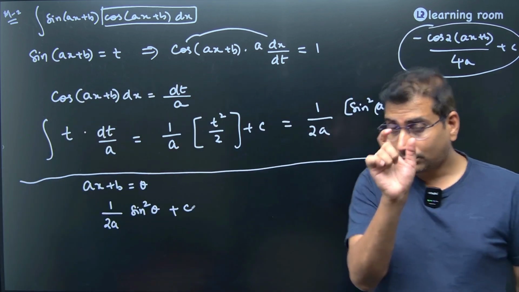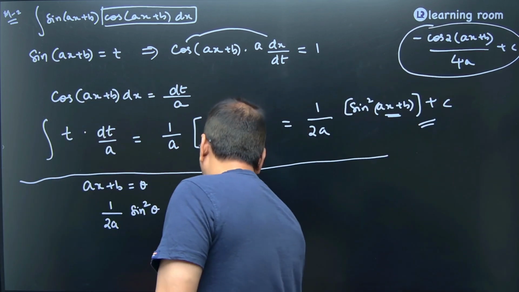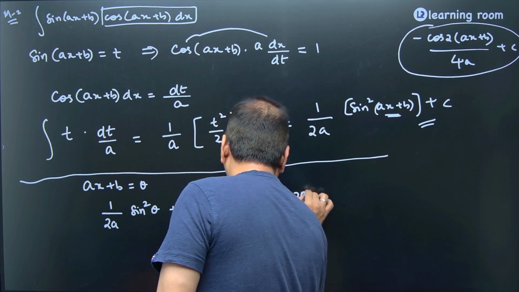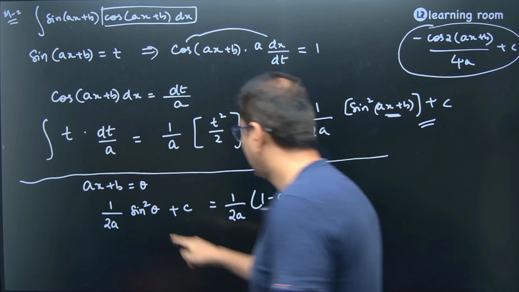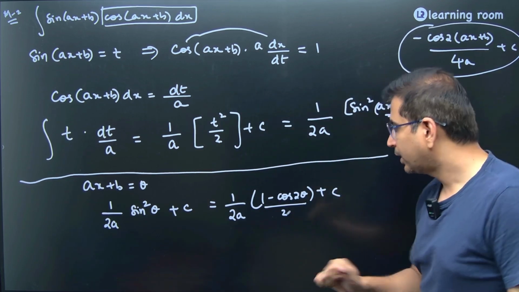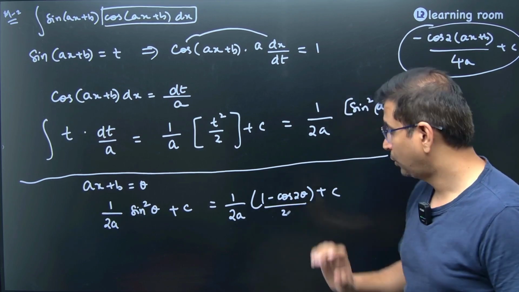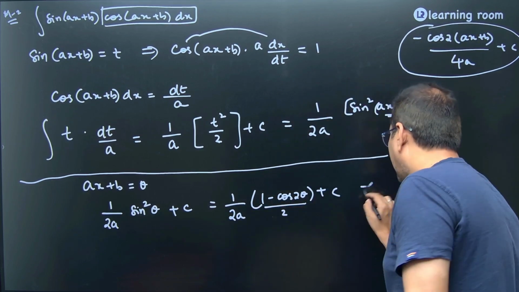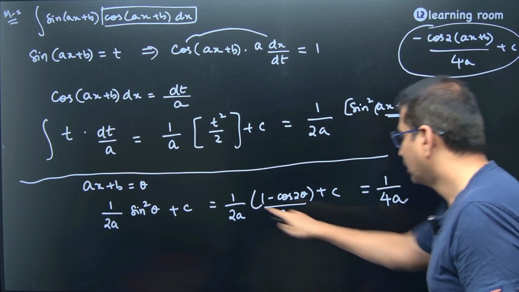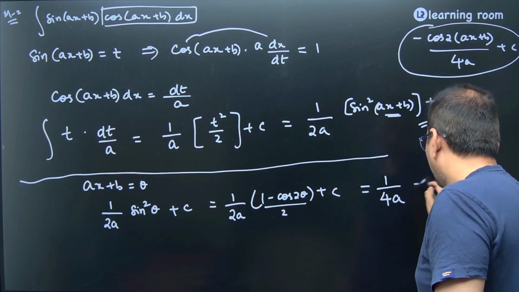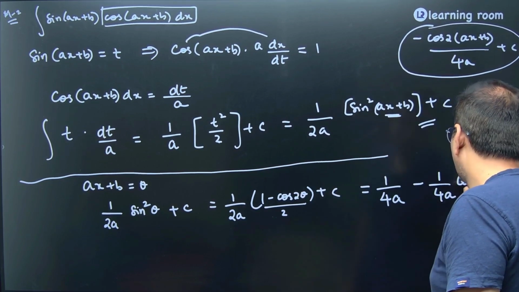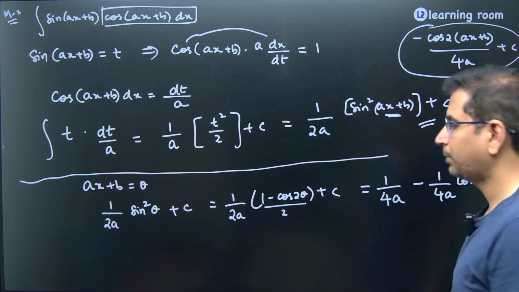We know that sine square theta can be written as 1 minus cos 2 theta, the whole divided by 2. So when I expand this, I will get 1 by 4a into 1 minus 1 by 4a into cos 2 theta plus c.